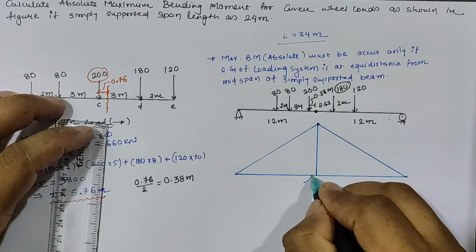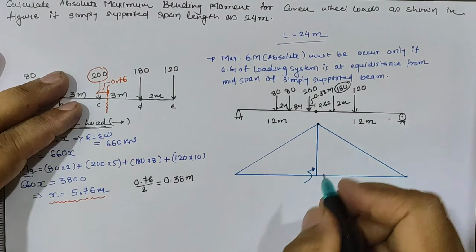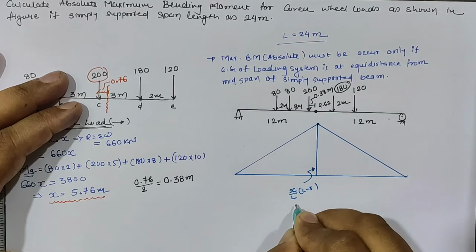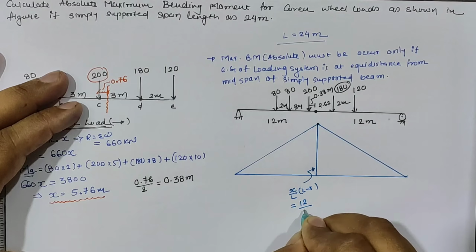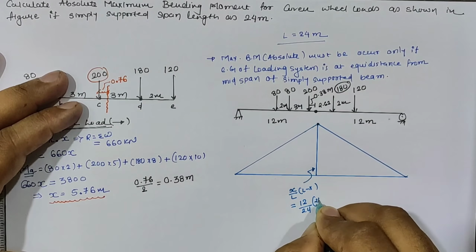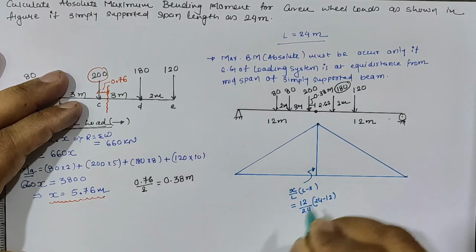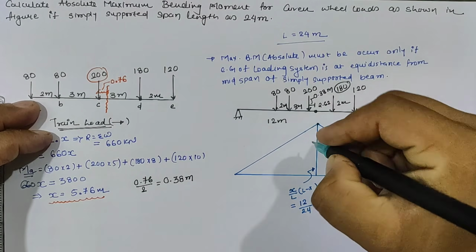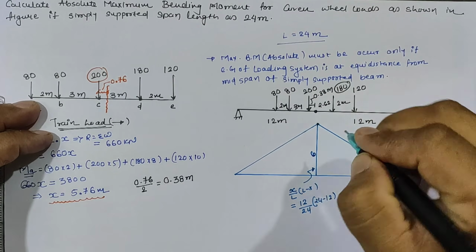Now this maximum bending moment ordinate is x by L into L minus x, which is equal to 12 by 24 into 24 minus 12, which is 6.